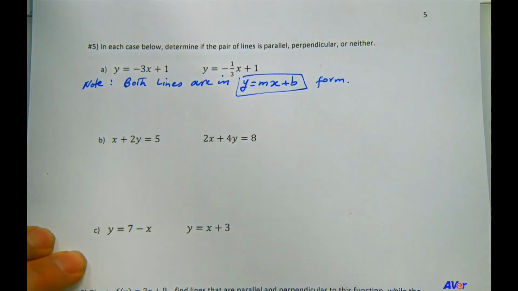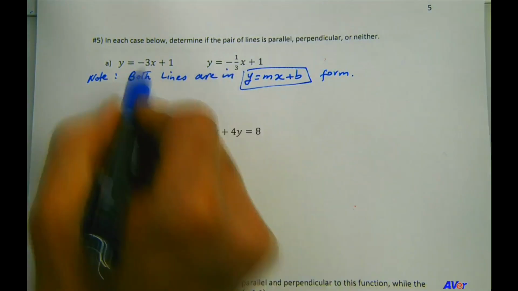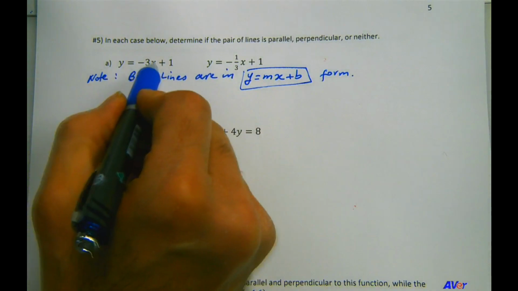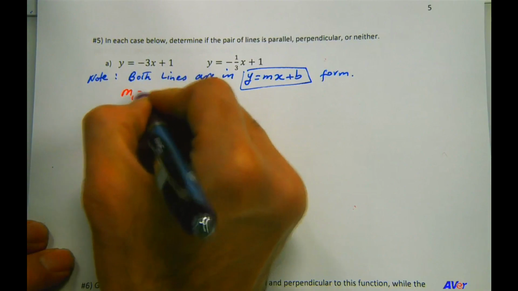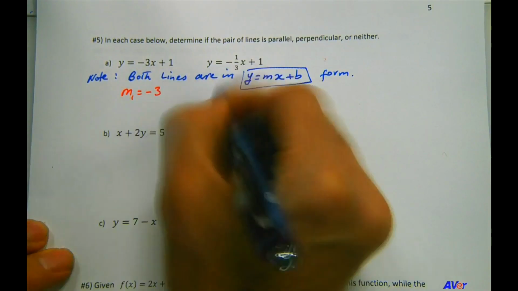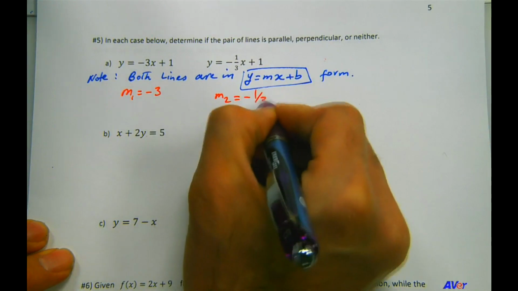That's a good thing. That's why I'm asking you to notice it. Because right away we know what the slopes are. Right? m1 is equal to -3. m2, or the slope of the second line, is equal to -1/3.